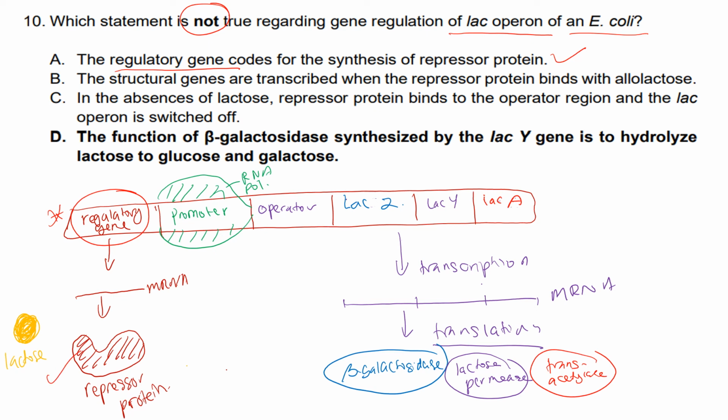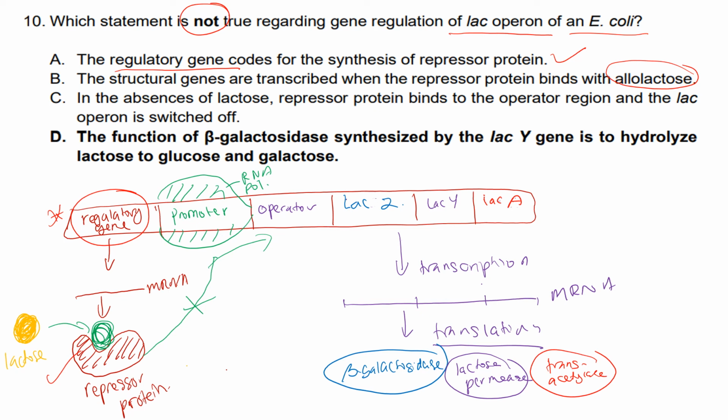So B: the structural genes are transcribed when the repressor protein binds to the allolactose. As I said before, when lactose enters into the bacterial cell, some of the lactose will be converted into its isomer, which is allolactose. Allolactose will then bind to the repressor protein and change its shape, so it cannot bind to the operator.